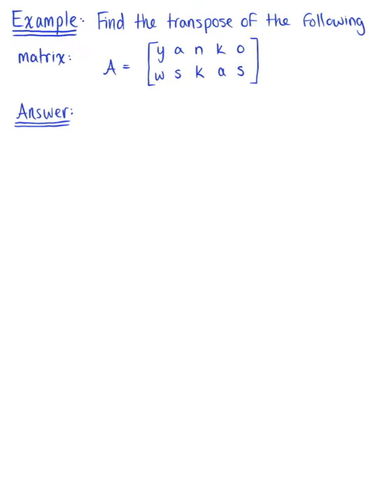Here we are asked to find the transpose of given matrix A. So before we get started, let's quickly recall what we have discovered based off of our definition. So we know by definition that the rows of matrix A are equal to the columns of A transpose.